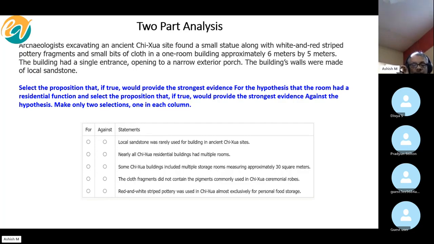Residential, right? So residential means staying, right? People used to live there. As opposed to residential, obviously there can be other types of rooms.